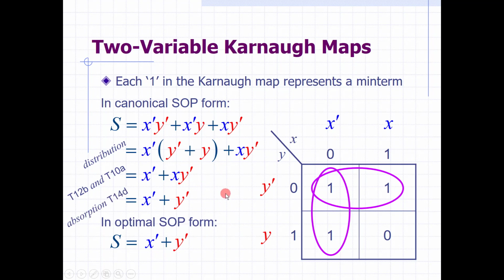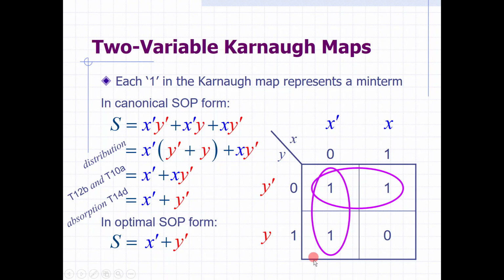And it turns out that using the theorems, we can get to that same expression, but we don't need the theorems anymore. We can basically go straight from the truth table to the optimal SOP form. We'll have to learn what the rules are for making these groups, obviously. It does seem weird that we overlapped, or what are the rules in terms of why didn't we just do a group of 3?